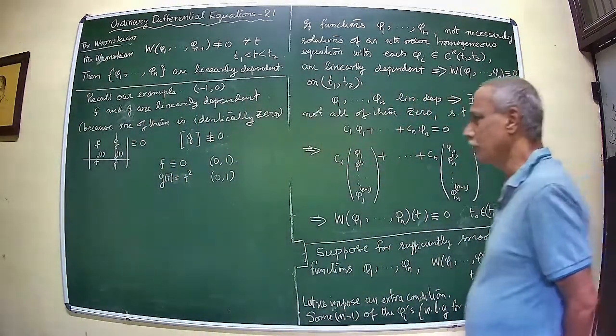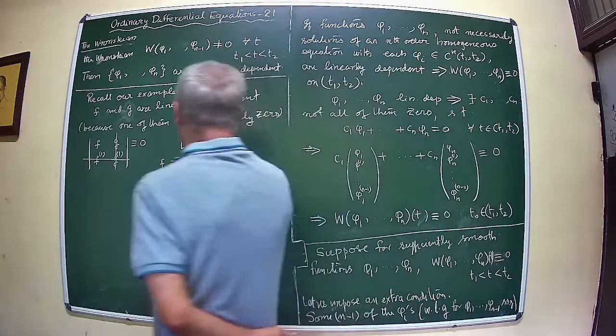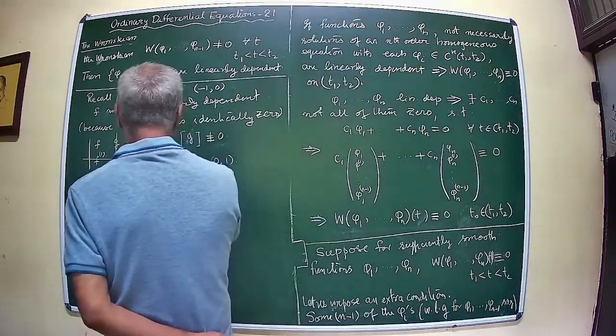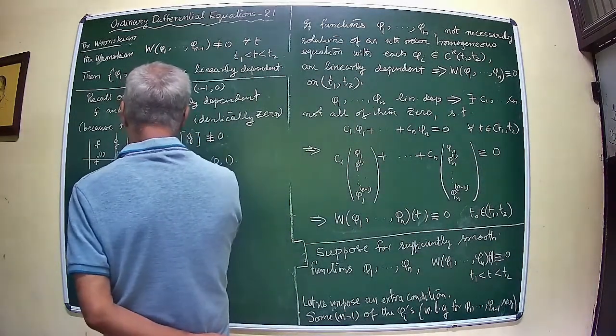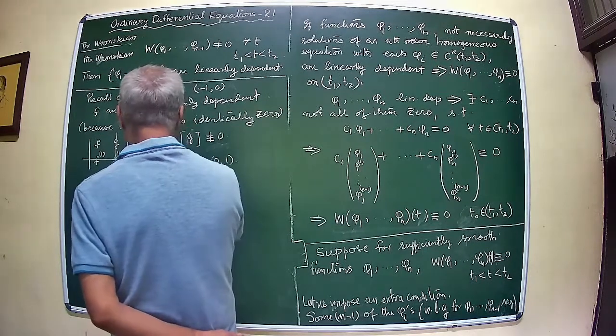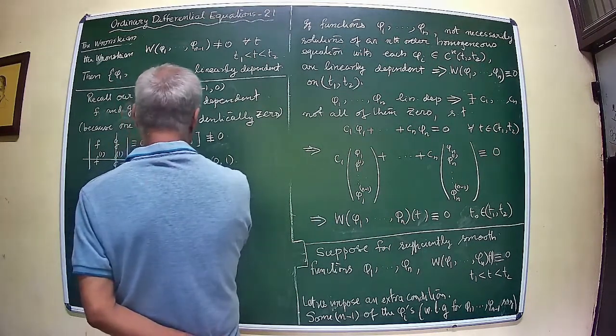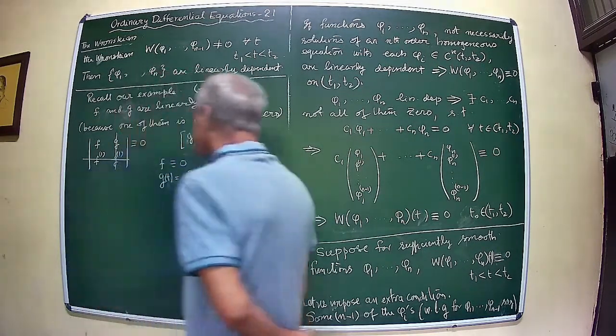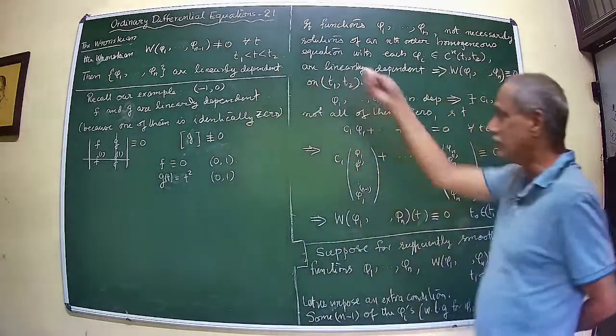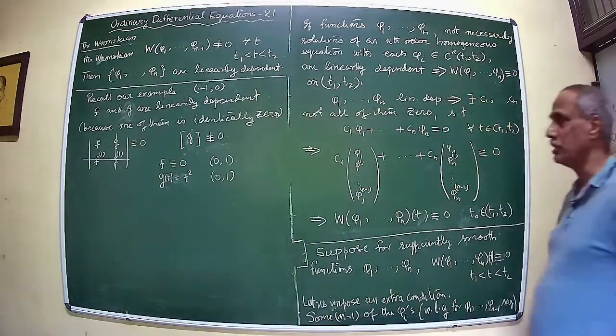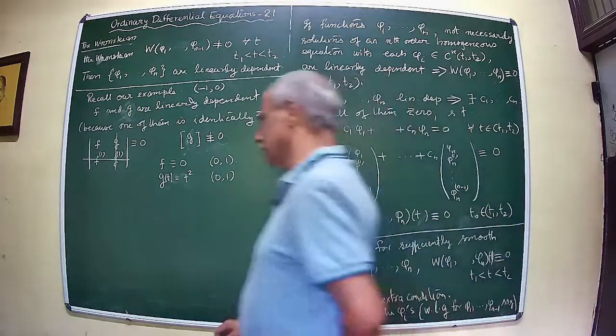Okay. Now you see that g is not equal to 0. What is the Wronskian? The Wronskian is the determinant of the single function evaluated at that. So at every point on this interval it is not equal to 0. Therefore, the theorem is applicable to our particular equation.